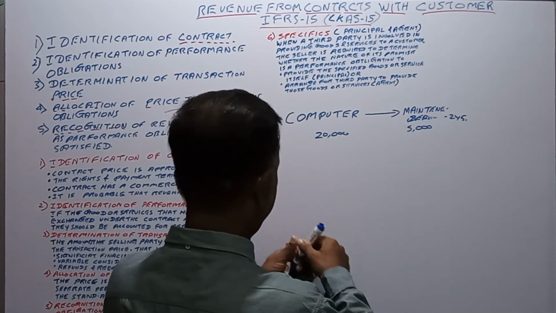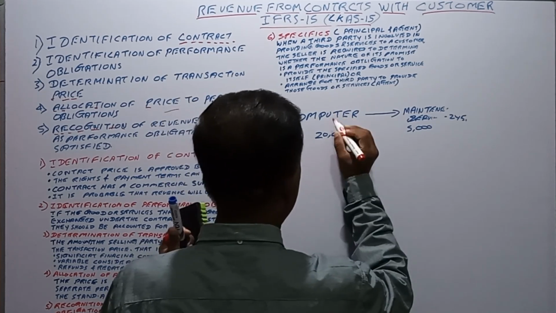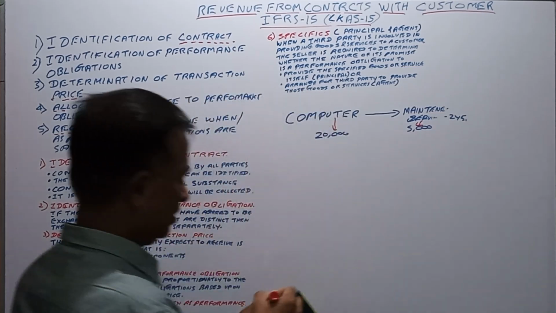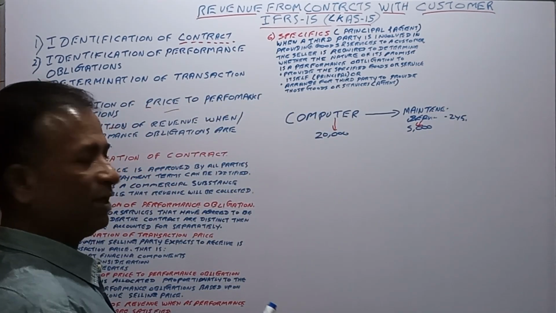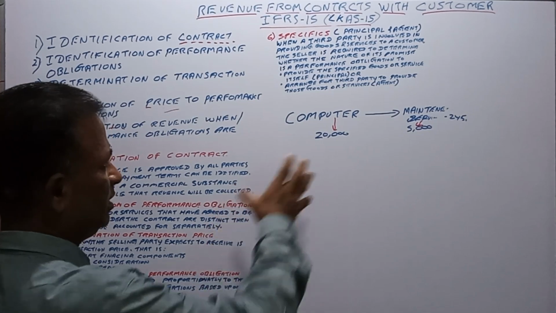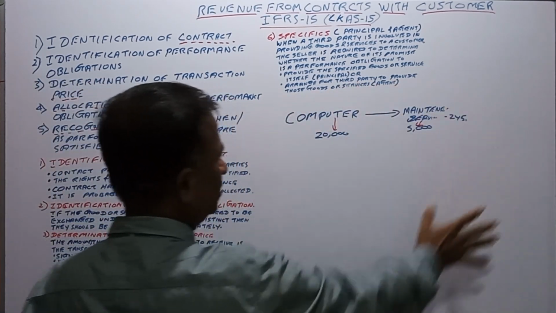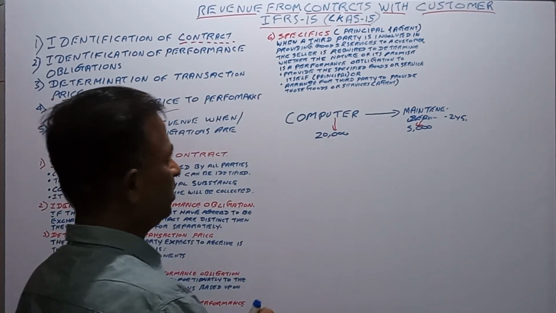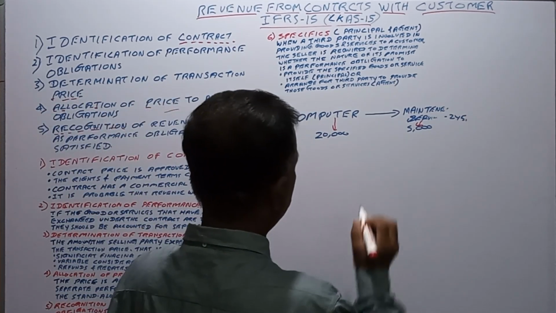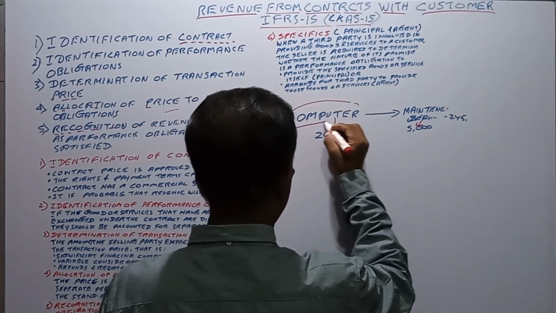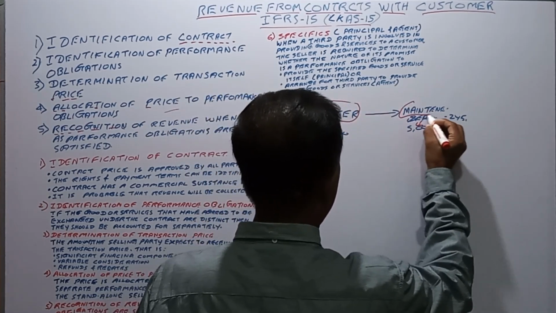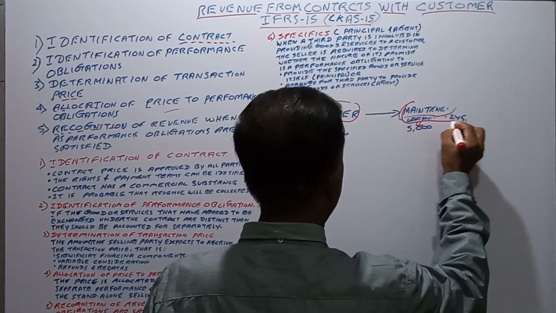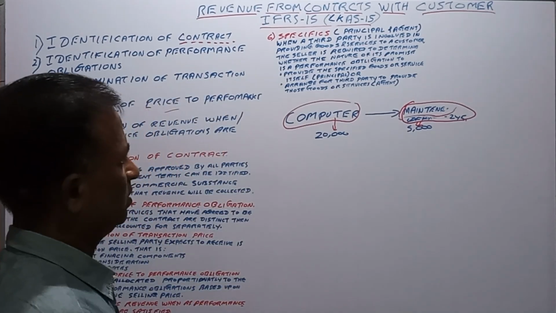If you purchase the computer separately, and the maintenance package for 2 years separately, this is the normal situation. Now the new trend is there. The seller used to sell the maintenance service package for 2 years.